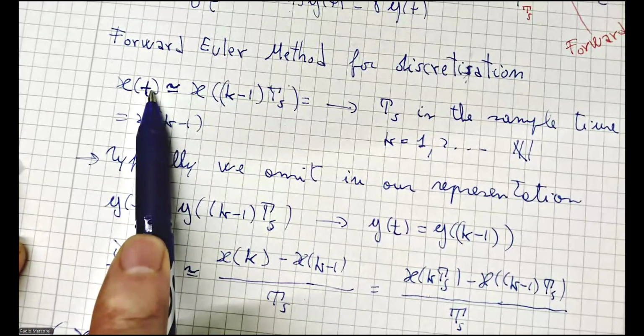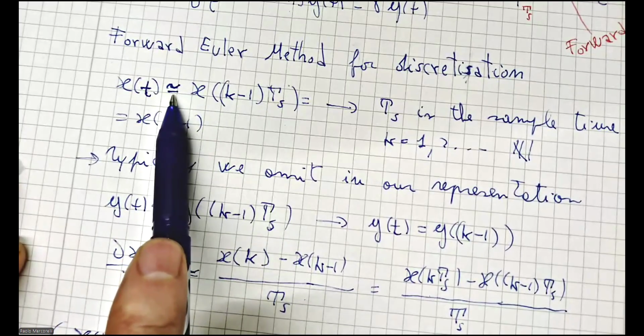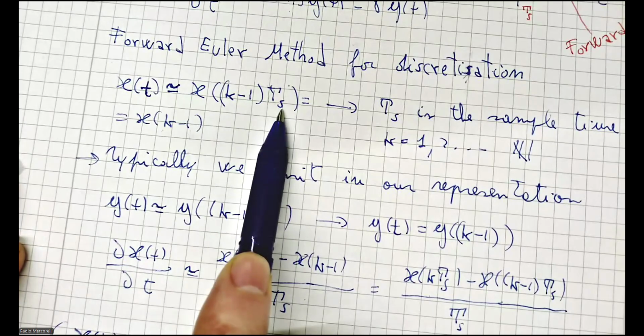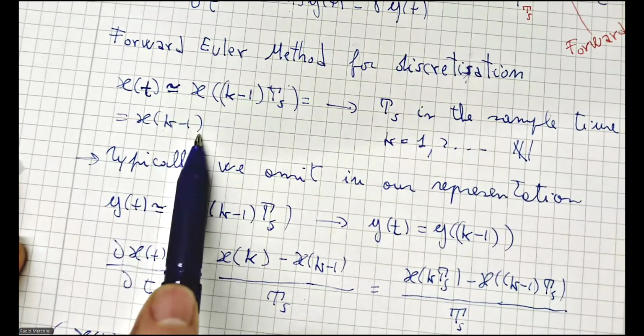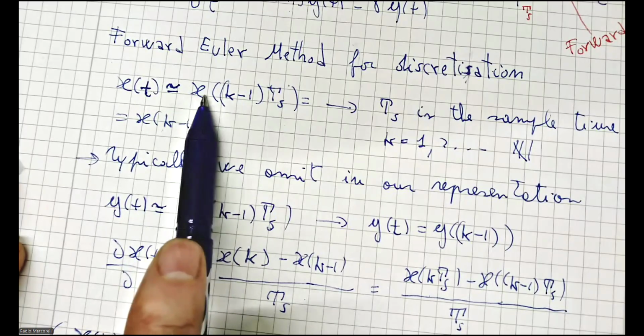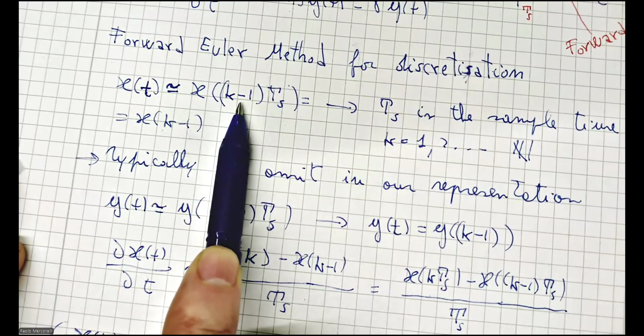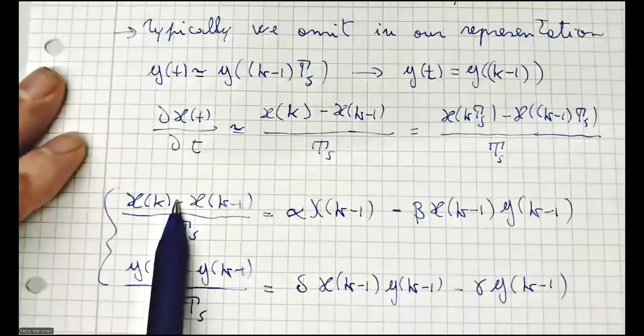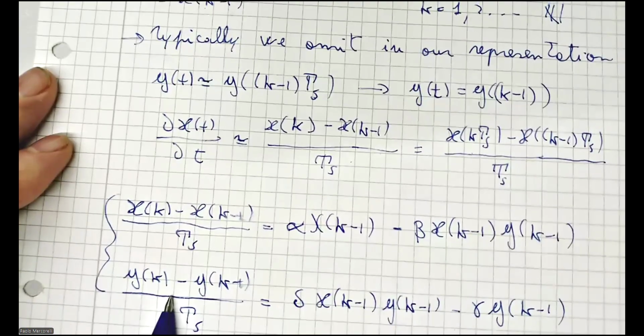In forward, we will consider x(t) approximately x of t_k minus 1 multiplied by Ts, or x of k minus 1 in an easy form. In backward, we will consider x of k. This means formally the derivatives are the same, but with different meaning.